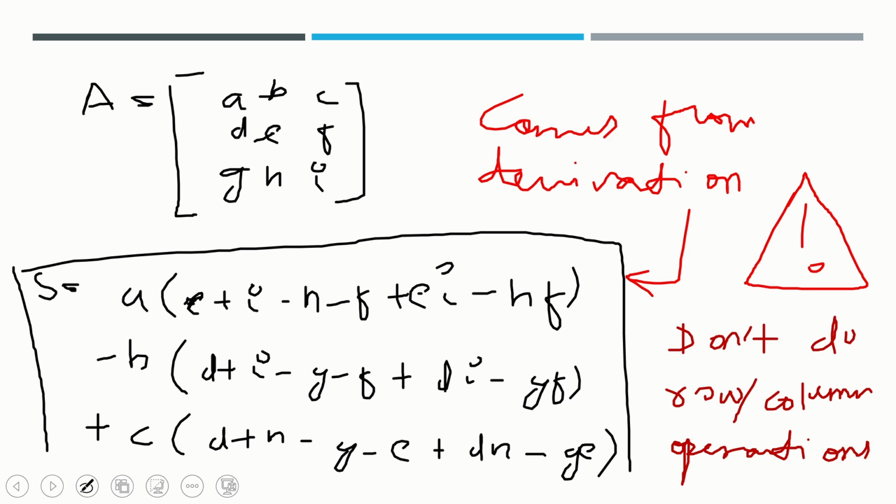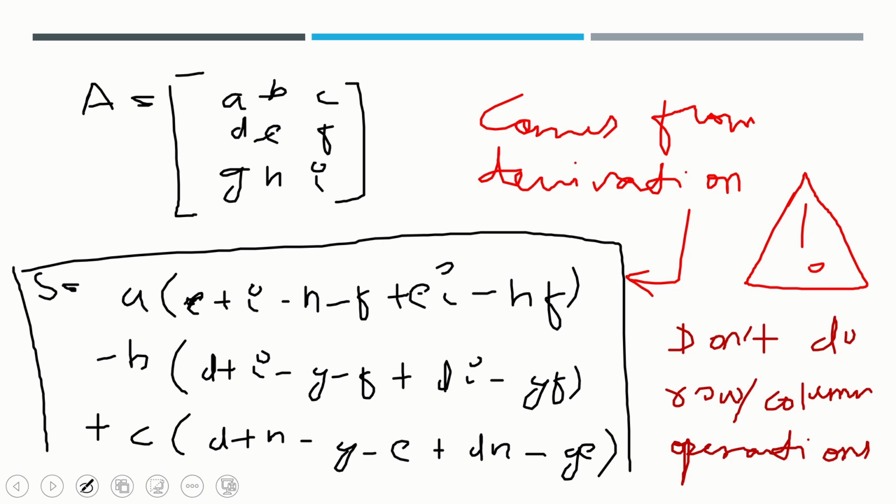Why? Because if you do row and column operation, each element changes its own value. Suppose A value is 5 and B value is 6. If you add an element 2 to 5 and 6, the new elements become 7 and 8. But suppose I do the row operation R2 minus R1, it will be 6 minus 5, which is 1.